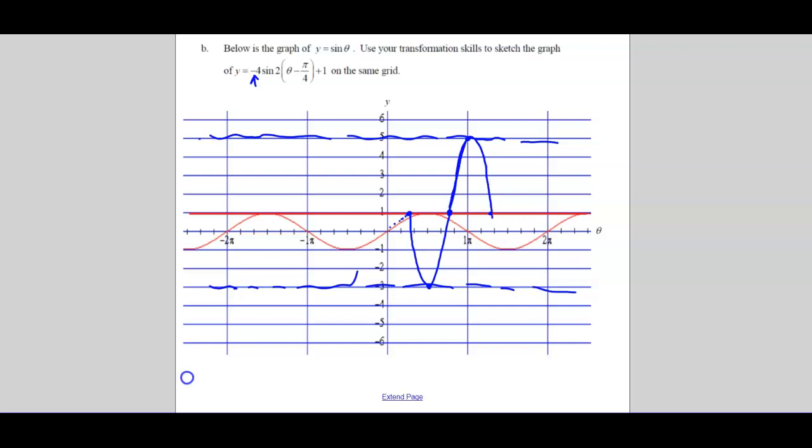And now I've got a complete cycle. I can do another one, pi units that way: halfway in between, it crosses, halfway in between the valley, halfway in between it's the max, or a mountain. Then back over here, halfway, there, this is going to be up here.